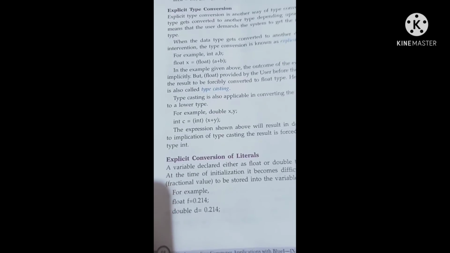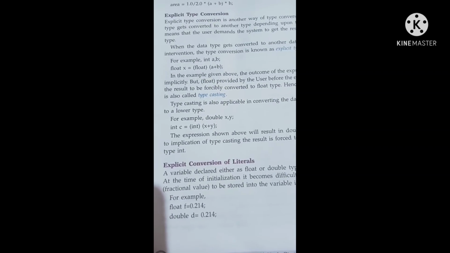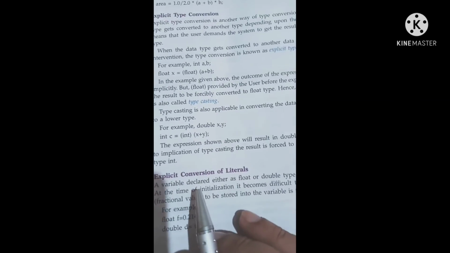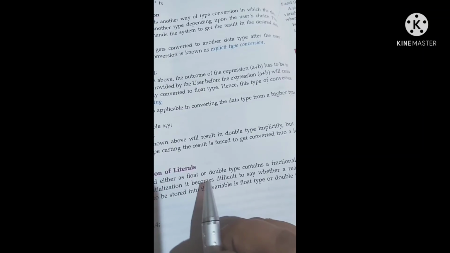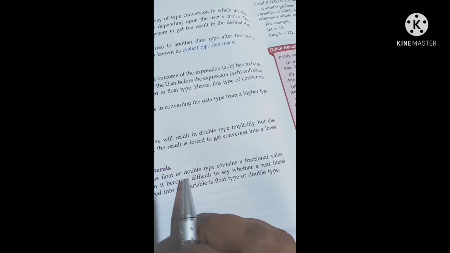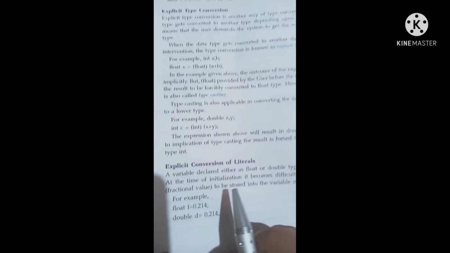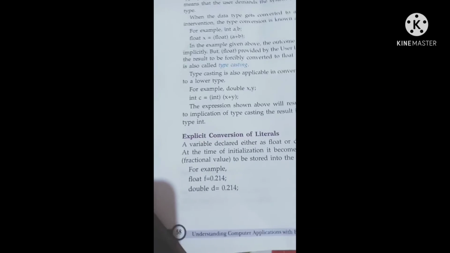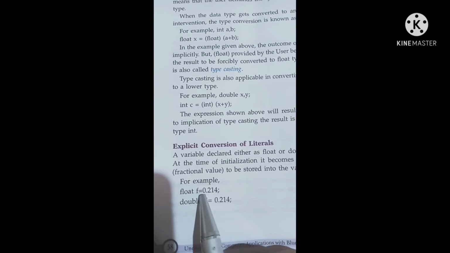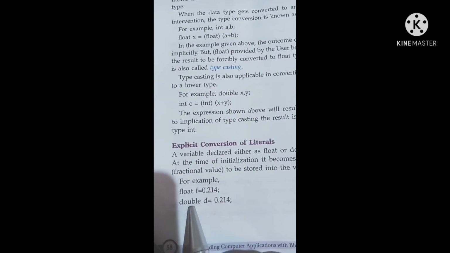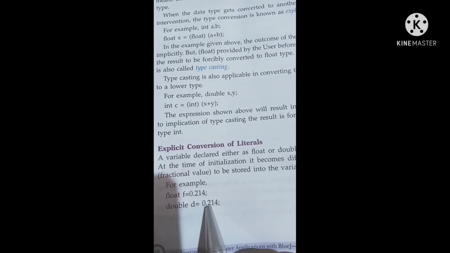Explicit conversion of literals. Okay, so for example, a variable declared either as float or double type contains a fractional value. Yes, fractional value, float f equal to 0.214 and double d equal to 0.214.